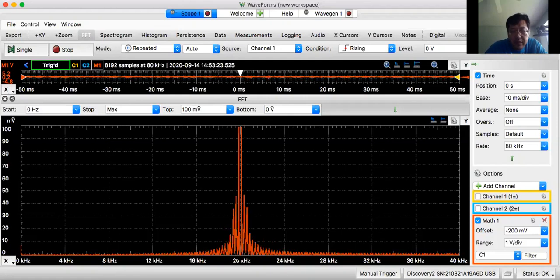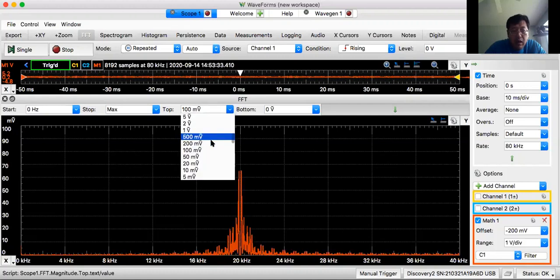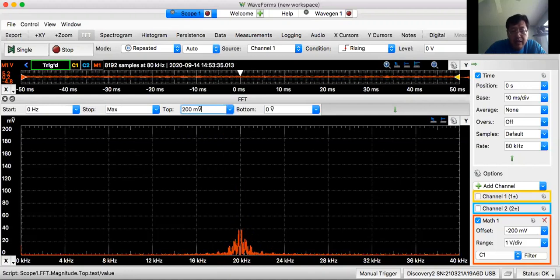Still the 20K, which is the carrier, is missing, but we have more of the upper side and lower side kept, because the previous filter removes a little bit of the modulation. That means your voice will be distorted a little bit. This is a better filter.